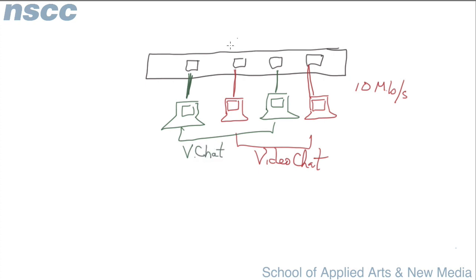Now the beauty of a switch is that these two can transmit and receive 10 megabits per second each because we're working full duplex. And at the same time, these two could be transmitting, however, at 10 megabits per second.